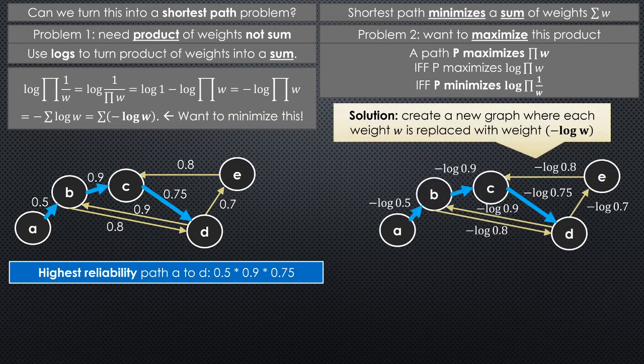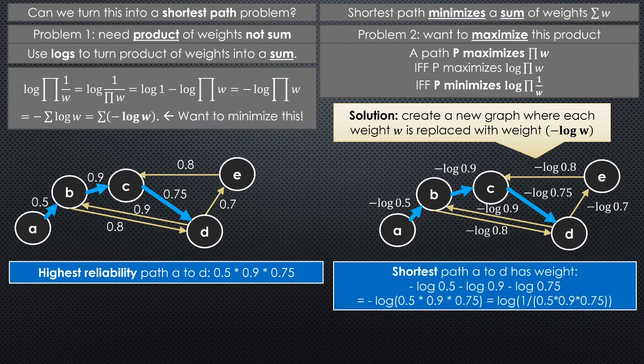So here's the solution. We're going to create a new graph where each weight w in the original graph is replaced with the new weight negative log w. And now the shortest path from A to D, did I write the wrong thing here? I think I actually wrote the wrong thing here.